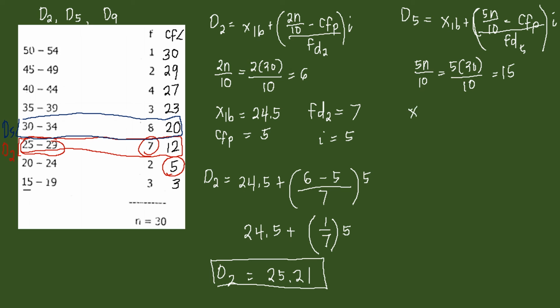Solving for the lower boundary, we have 29.5, that is 30 minus 0.5, because 30 is the lower score in the D5 class. CFP is now 12. F, the frequency of D5, is equal to 8.